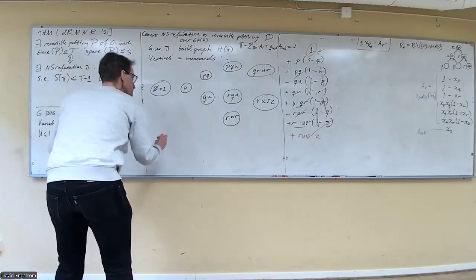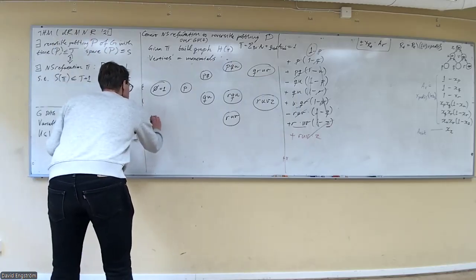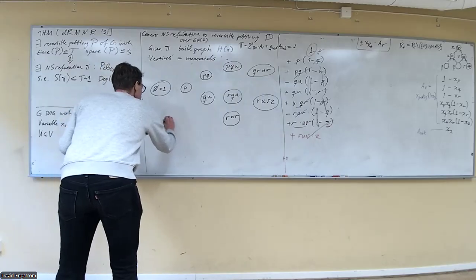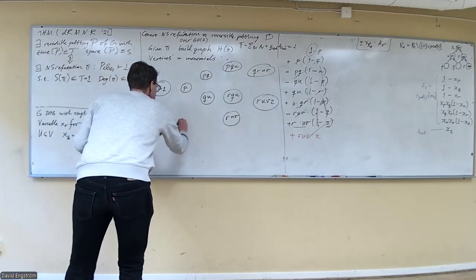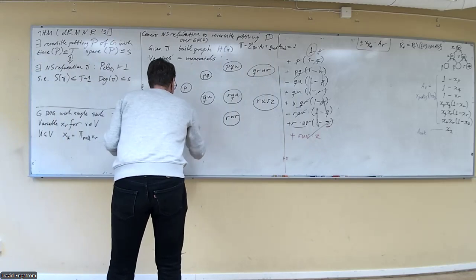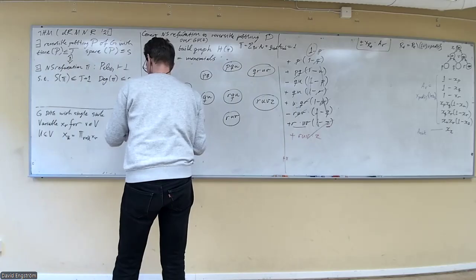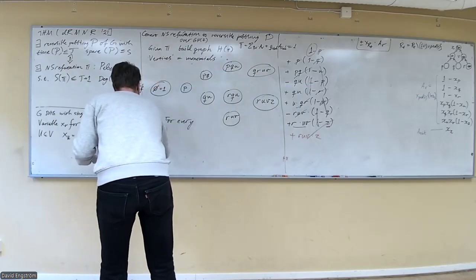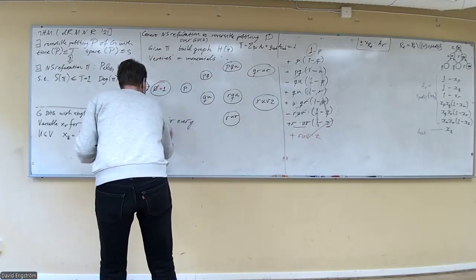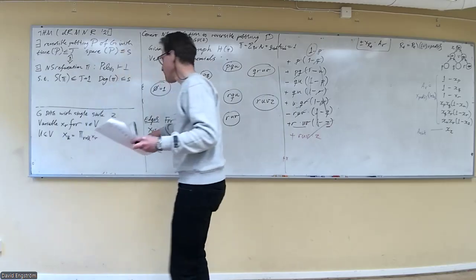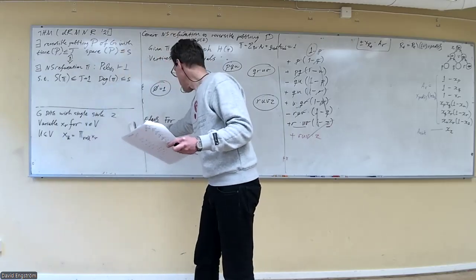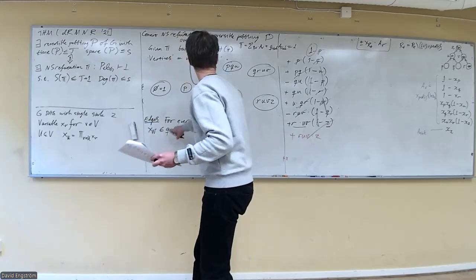Maybe down here. For every monomial x_V W in Q_V, where's Q_V?